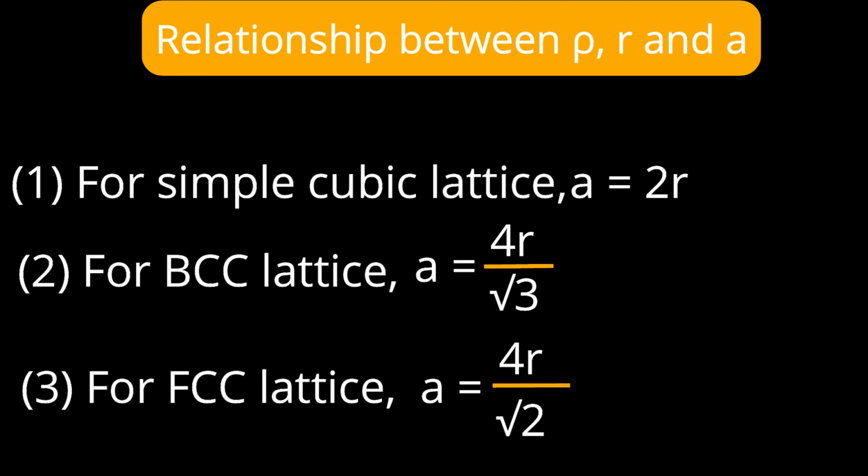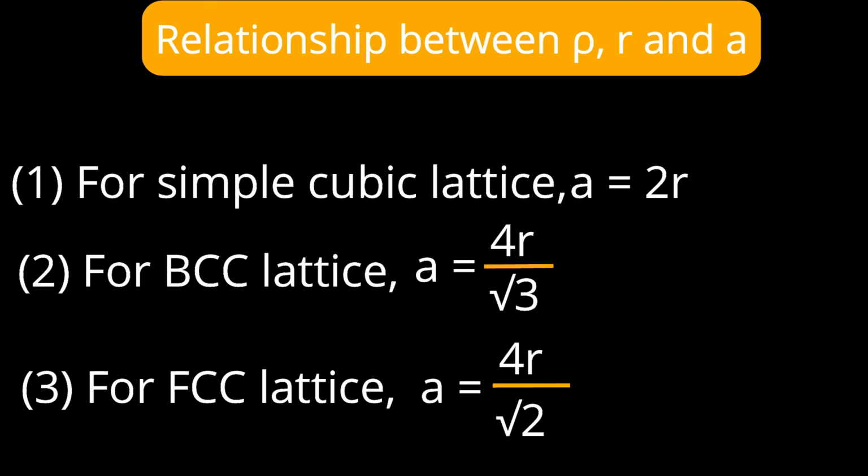And how many radii are there in that body diagonal? One radius of the atom at one corner, double radius of the atom at the center, meaning its diameter, and one radius of the atom at the other end of the body diagonal. Total 4 radii are there. Therefore we got A is equal to 4R upon root 3.